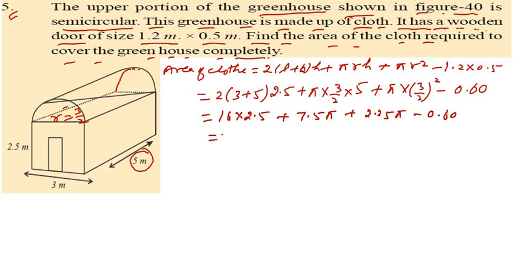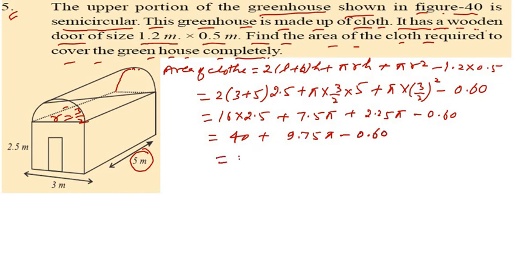So once again you can multiply this one, this one is your 40 and now pi is, how can we say, now add them, so after adding we get this one, 9.75 pi and minus 0.60.